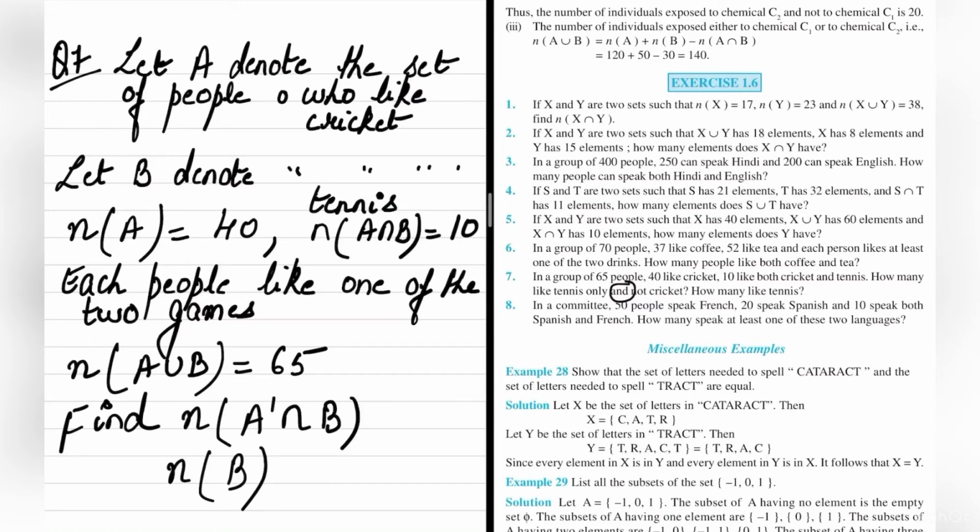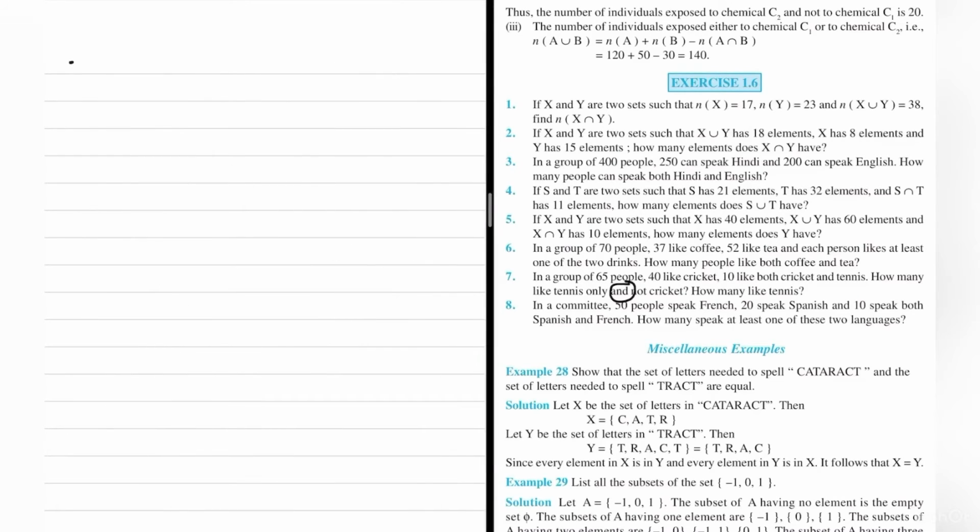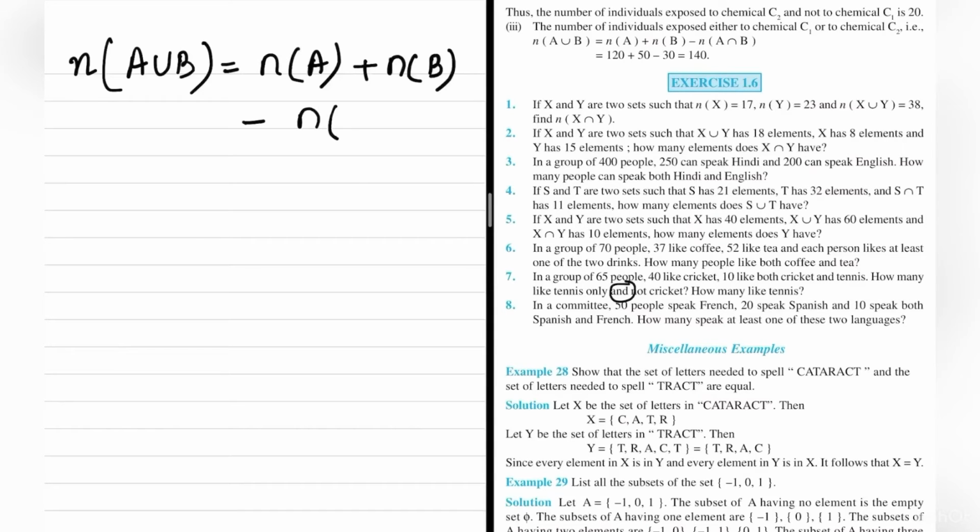So first let us find the number of elements in the set B. Using the formula, the number of elements in A union B is equal to the number of elements in A plus the number of elements in B minus the number of elements in the intersection. Just plug in all the values: 65 is equal to 40 plus n of B minus 10.